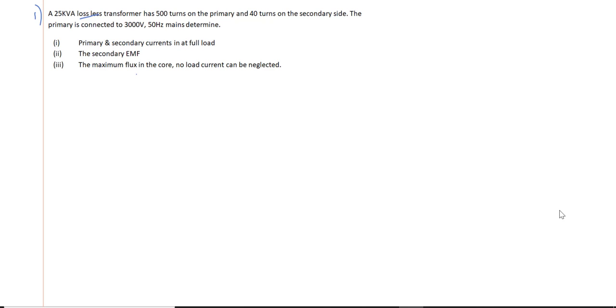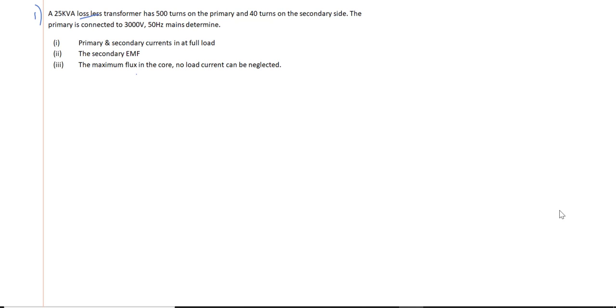Determine primary and secondary current at full load, the secondary EMF, and the maximum flux in the core. The no load current can be neglected. So, we can neglect the no load current. We have to find out 3 components: primary and secondary current, secondary EMF, and maximum flux in the core.